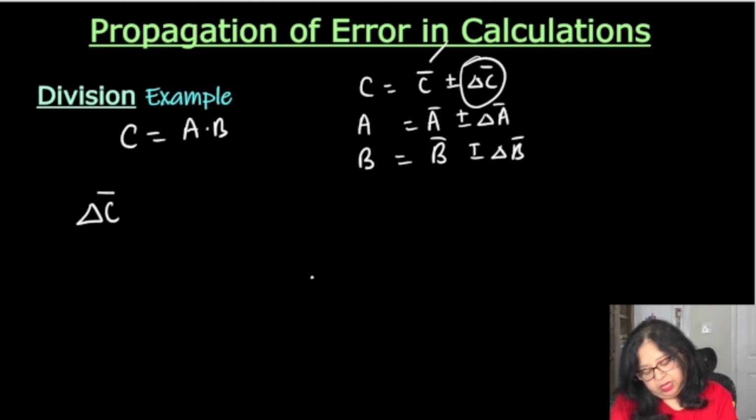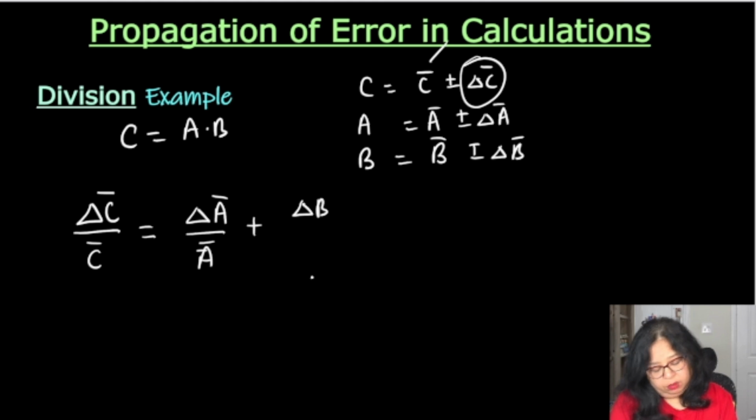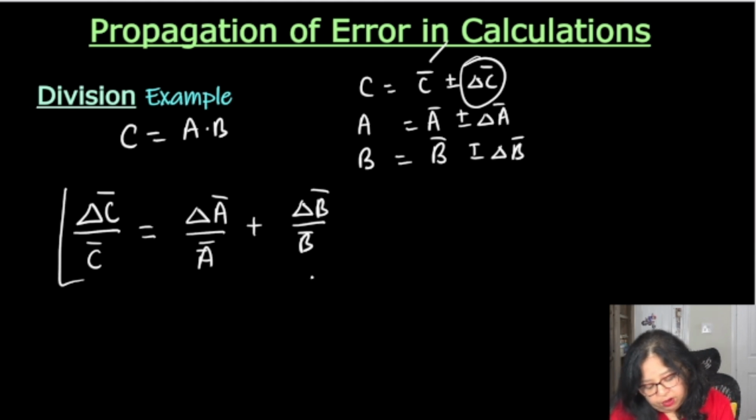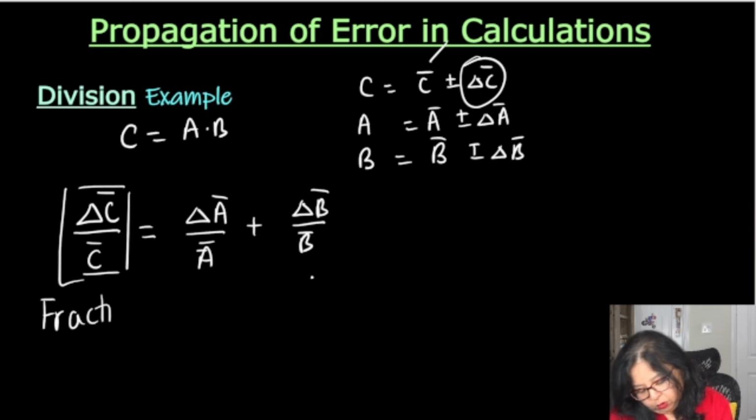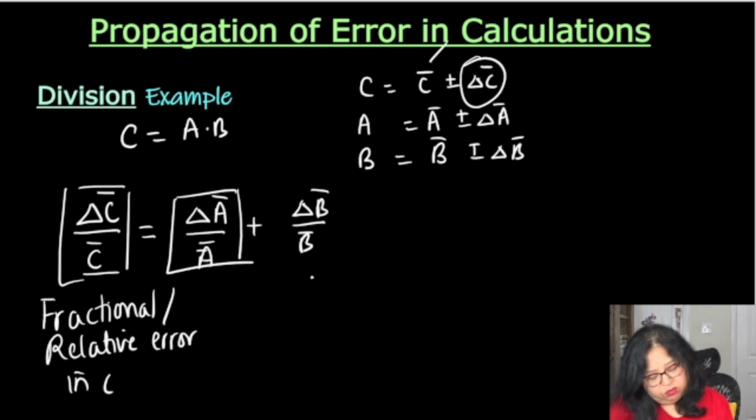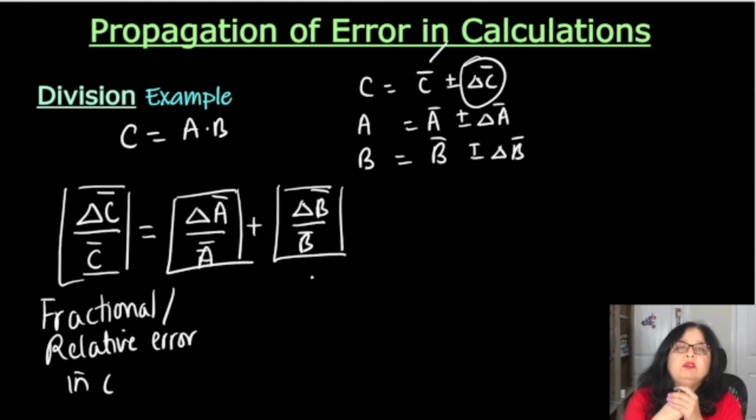So you will say delta C bar over C bar equals delta A bar over A bar plus delta B bar over B bar. What this really is, is the fractional error in C, or the relative error in C. What is this? This is the relative error in A, and the relative error in B. So relative error in C equals relative error in A plus relative error in B.